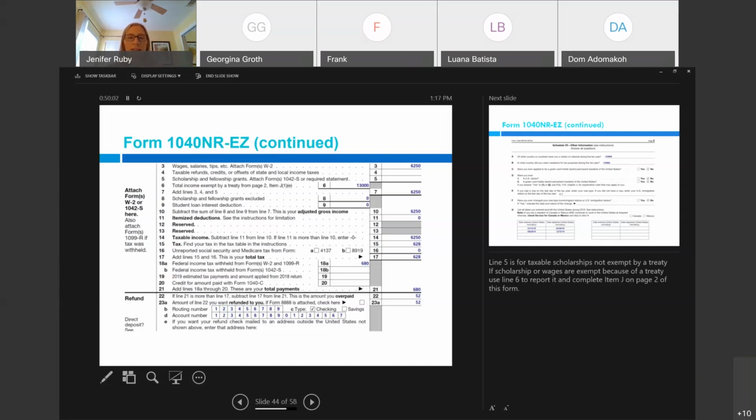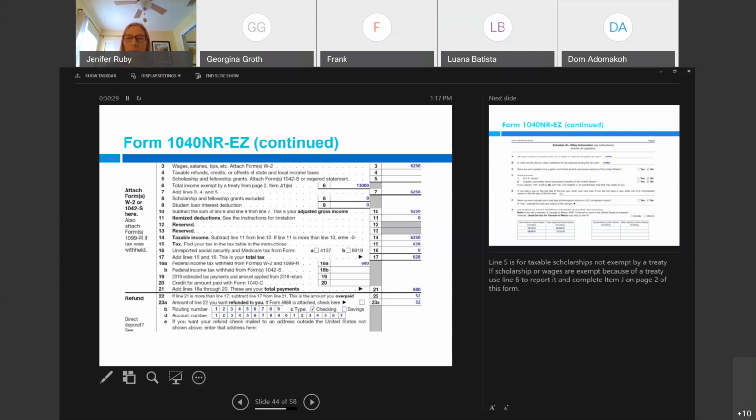But so you can see, based on some of these calculations, right, his situation remains that the taxable income ends up in line 14 to still be that 6,250. The next line is where you actually look up in the instructions packet what the tax is based on your income.